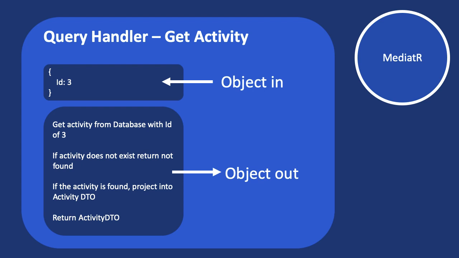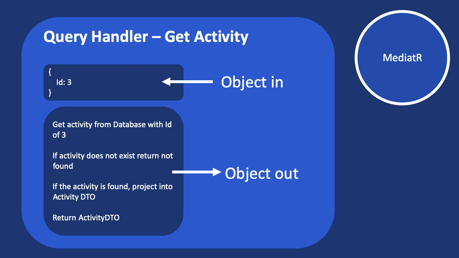If the activity does not exist, then we want to return from our handler, and not our API controller, to tell the client that the activity doesn't exist. We'll need to deal with that kind of circumstance when we come on to error handling. But for now, if an entity doesn't exist, then we're just going to throw exceptions for the time being.